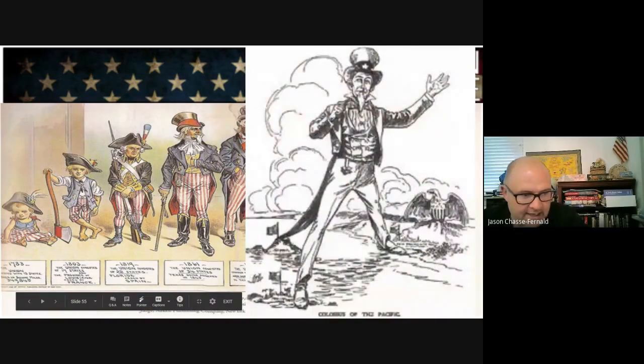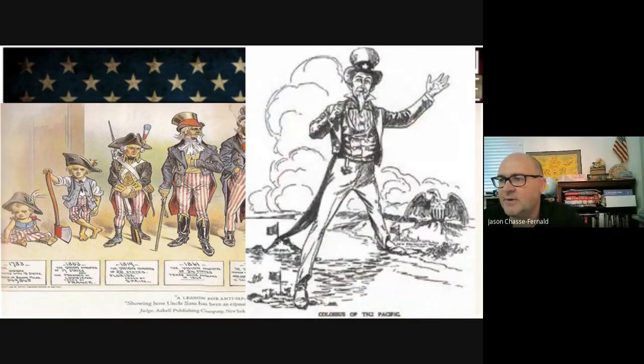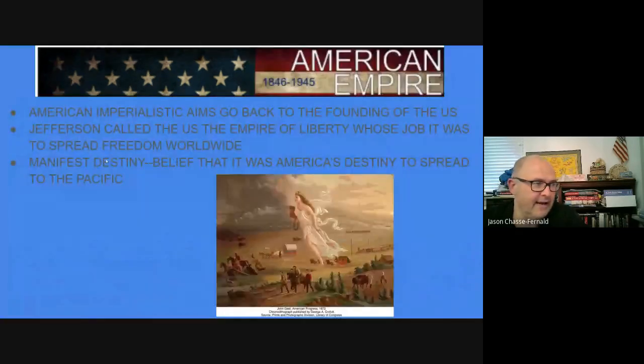All right, here's a similar image to what we see in Africa with the British, but instead of Cecil Rhodes, you're now seeing Uncle Sam, and this is a reference to the acquiring of Hawaii as a territory.